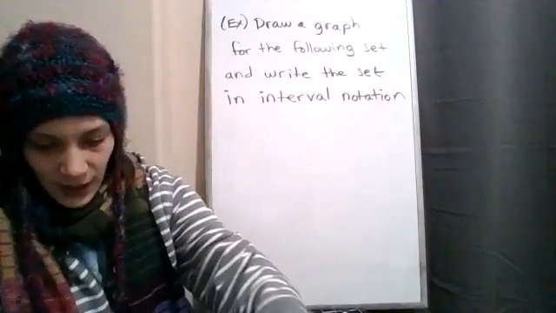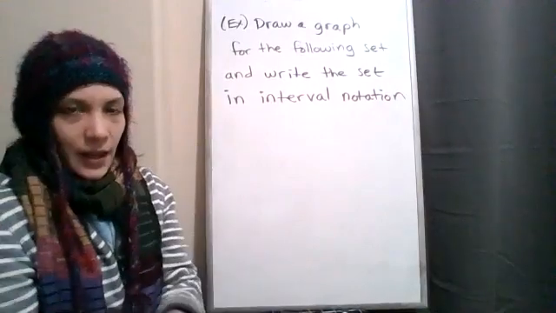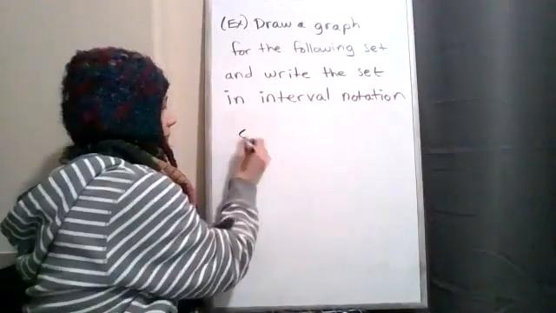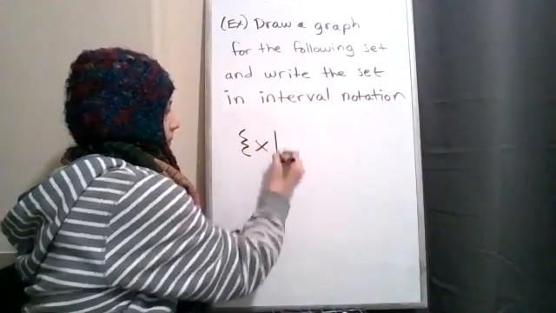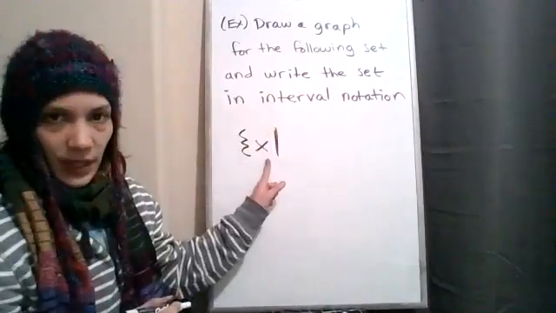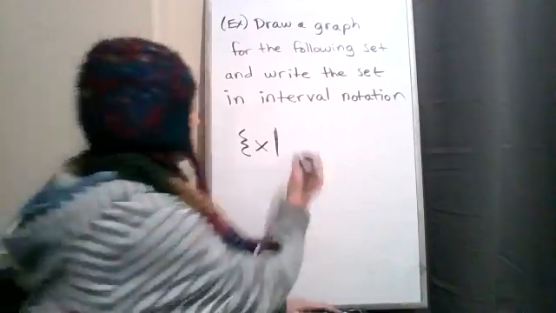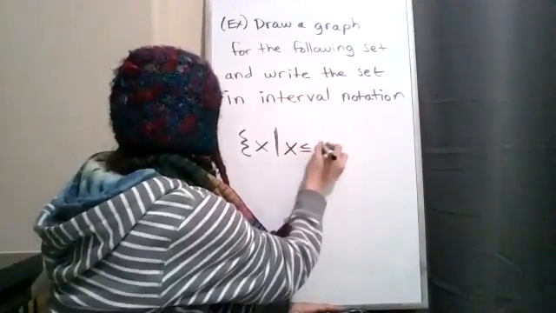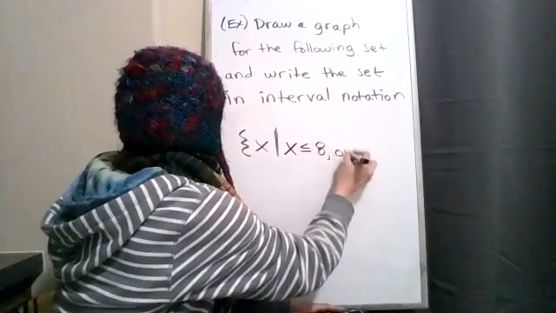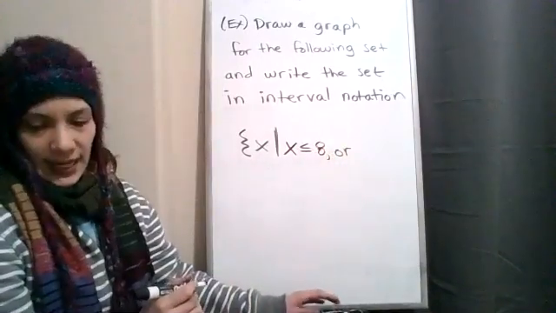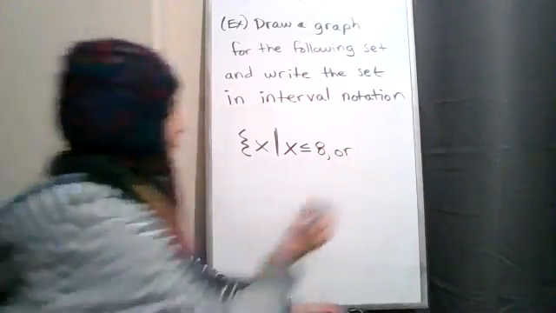Okay, this is the set of x values. Set of x such that x is less than or equal to 8, or x is greater than or equal to 12.